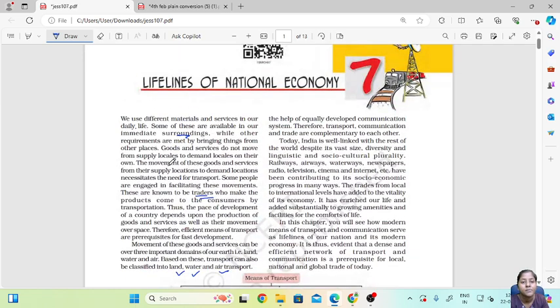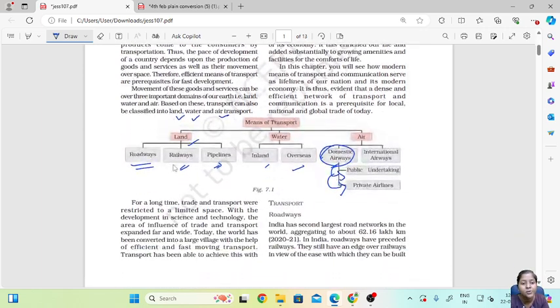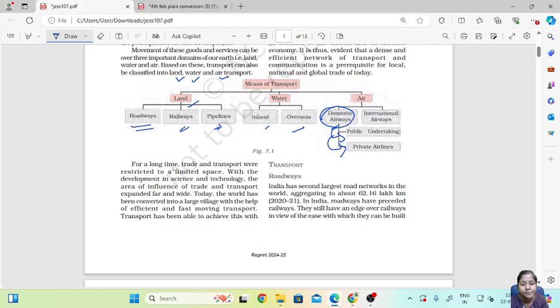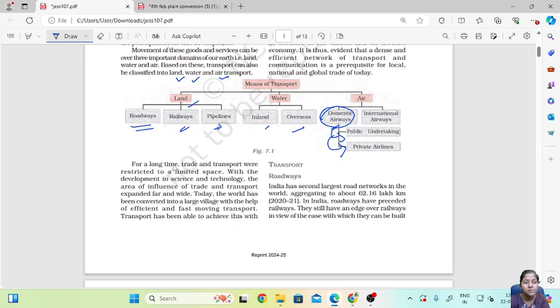Transport, communication and trade are complementary to each other. For a long time, trade and transport were restricted to a limited space.